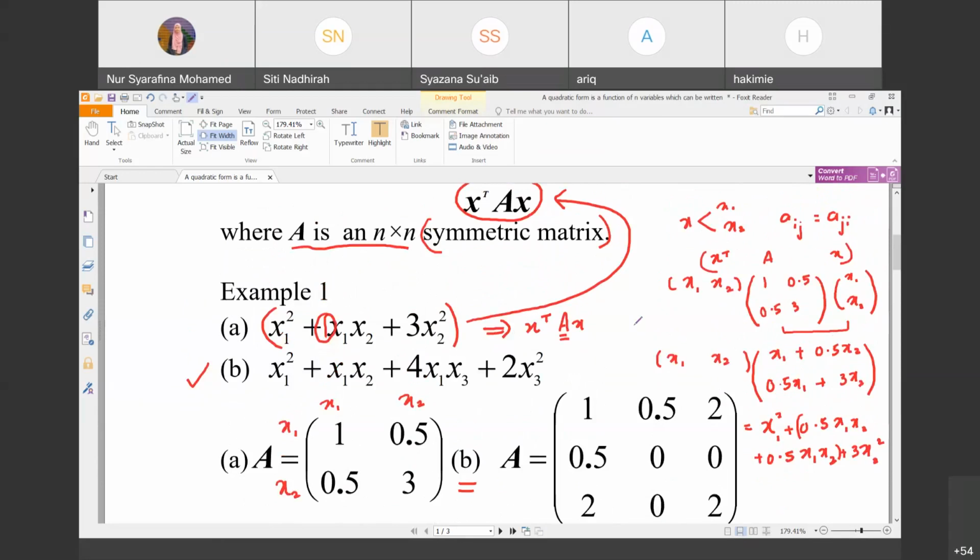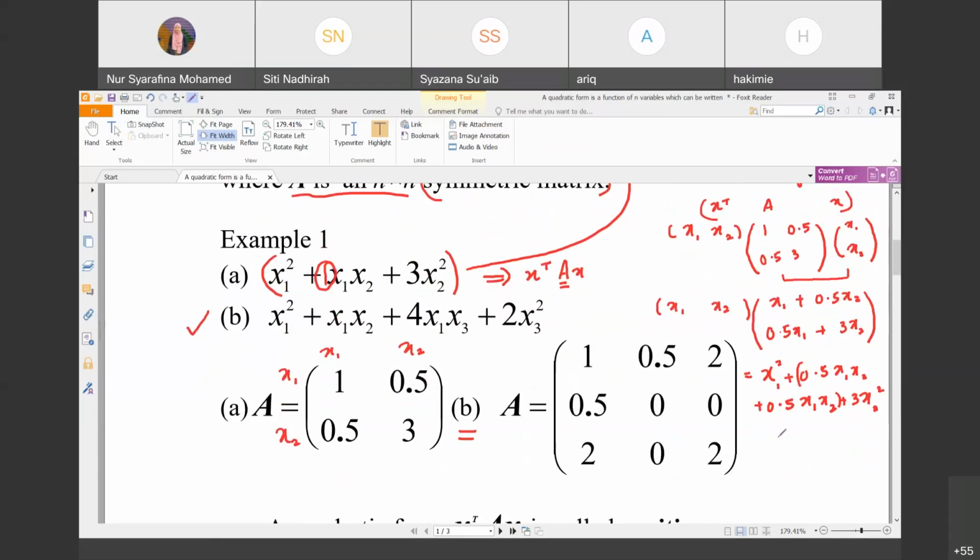We need to understand this first before we proceed with concavity and convexity. Okay, try B. Try to expand. This one has x1, x2, and x3, and your symmetric form is given by A and x1, x2, x3.